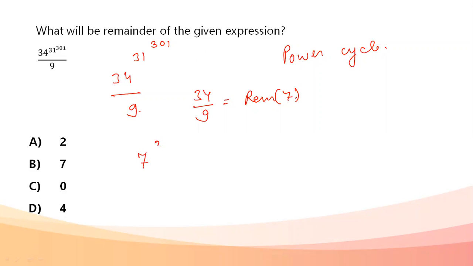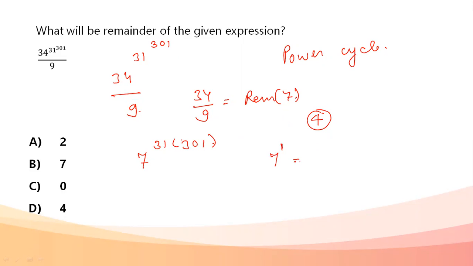So this becomes 7 raised to power 31, and a raised to power b becomes 31 into 301. Now, the best thing about 7 raised to power something is that 7 has a cyclicity of 4. That is, powers of 7 keep repeating after a particular interval.